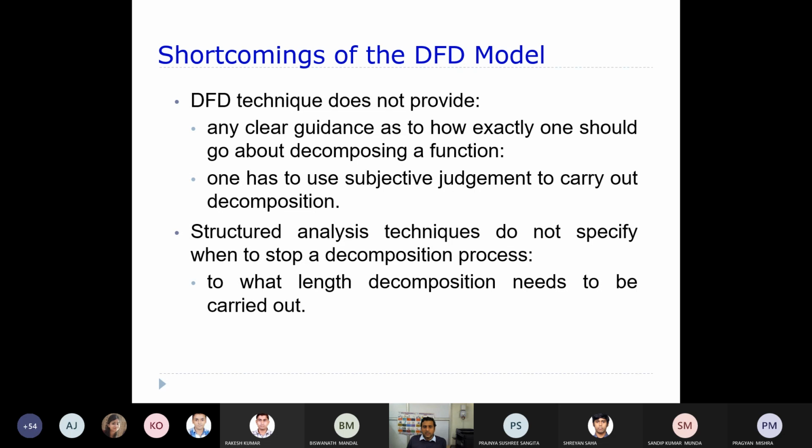Where you need to stop this decomposition, that is also not known. At what level you need to stop the decomposition process is also not specified by structured analysis techniques.